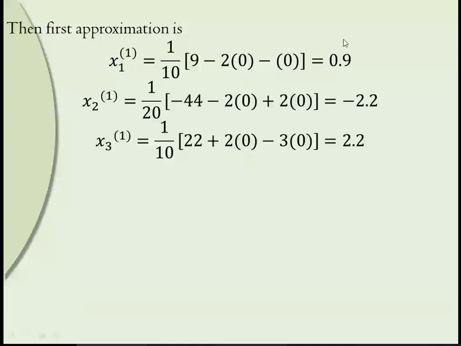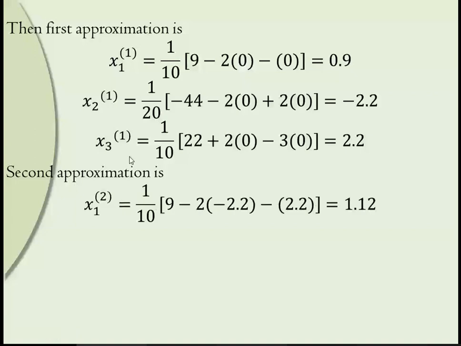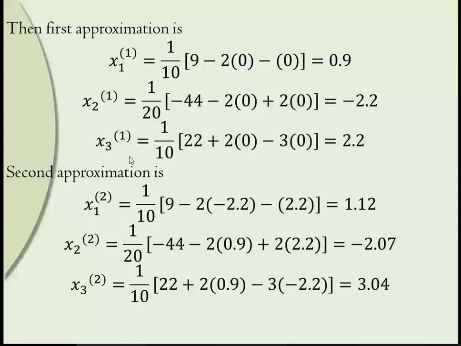Now use these new values, put them into the right hand side, get the next approximation that we call the second approximation, putting x1 as 0.9, x2 as minus 2.2, and x3 as 2.2 into the left hand side. That we call the second approximation. Check whether these two are matching.